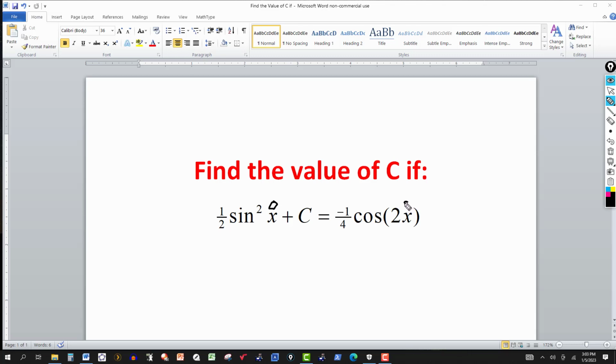Actually, you don't need a calculator for this, but replace the x by 0. So here we have the sine of 0 is 0. Square it, you still get 0. Times 1/2, that's still 0. So the left side I get c. Put a 0 where the x is. I have here the cosine of 0 is 1, and 1 times negative 1/4 is negative 1/4.